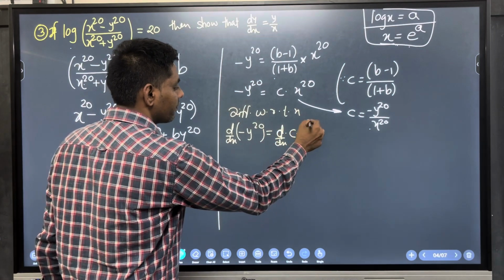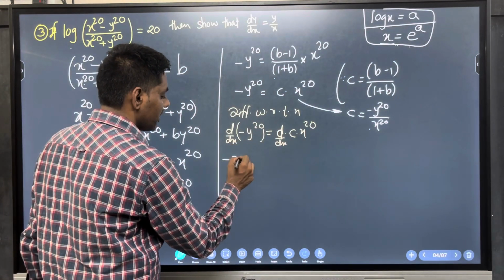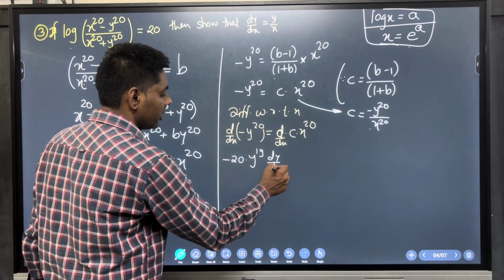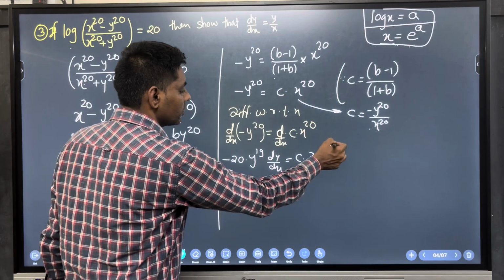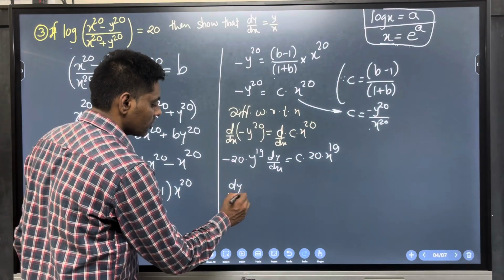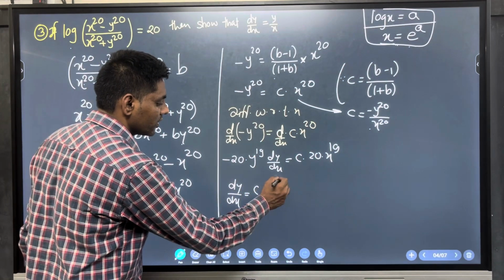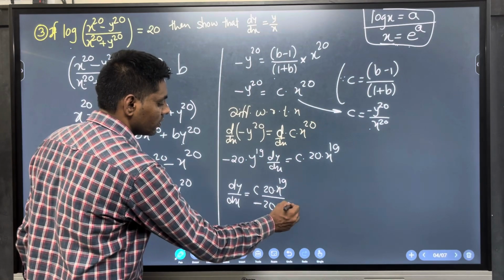Is the question easy? So tell me, what is the derivative: y^20 gives 20 into y^19 dy by dx, equal to c constant into x^20 gives 20 into x^19. So what is the value of dy by dx? From here we write equal to c into 20 into x^19 divided by minus 20 into y^19.